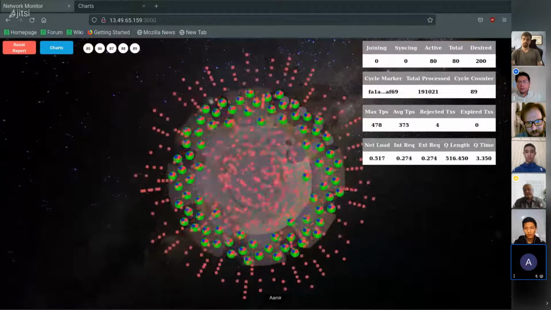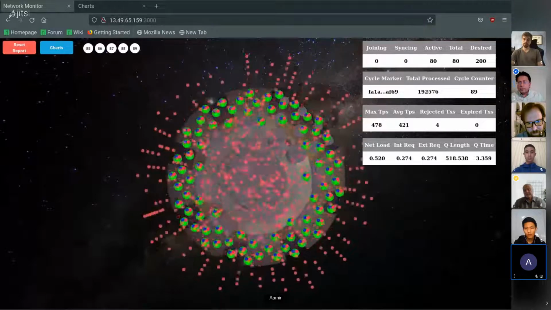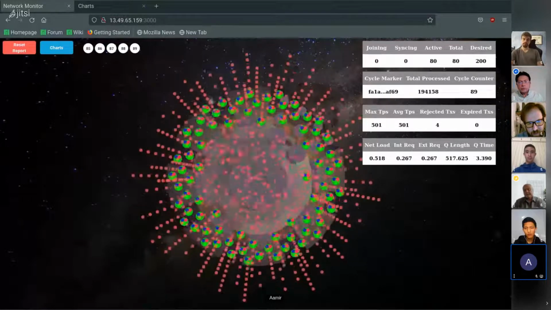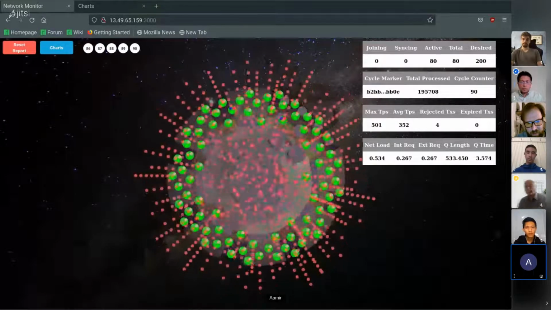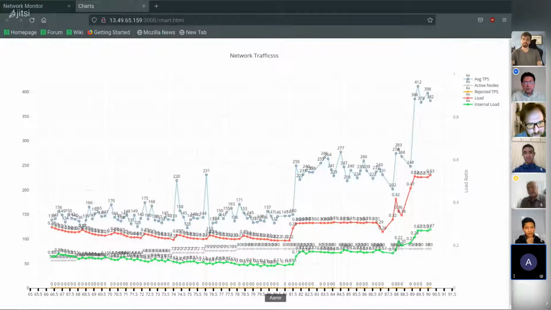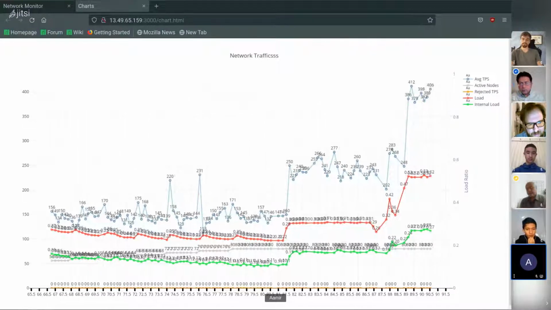You can also see that the total network load numbers are going up. Amr, do you have the chart showing the historical graph somewhere? Yeah, let me see if I can switch over. There we go. Okay, so on this chart you can see the average TPS, which is the topmost line that's kind of bluish.